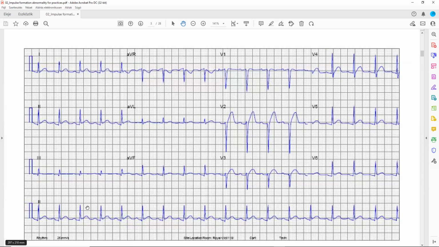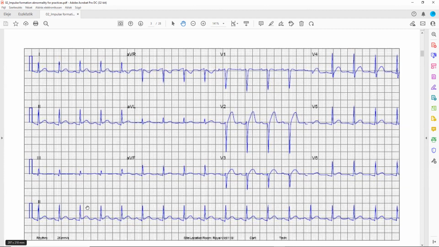Okay, and then when we look at the axis, lead 1 is definitely positive, and AVF is also positive, so it's normal. And then regarding the impulse abnormality, we do see P waves in front of every QRS, and they do seem quite the same.